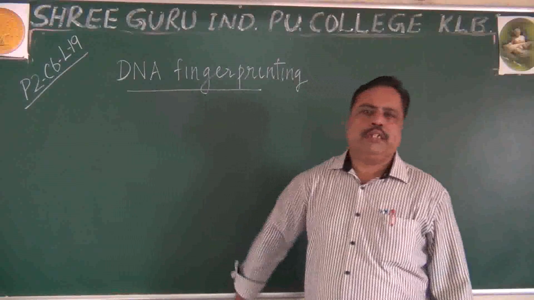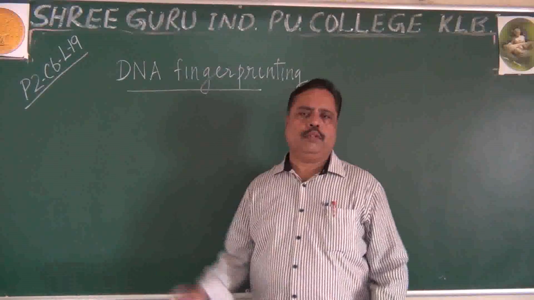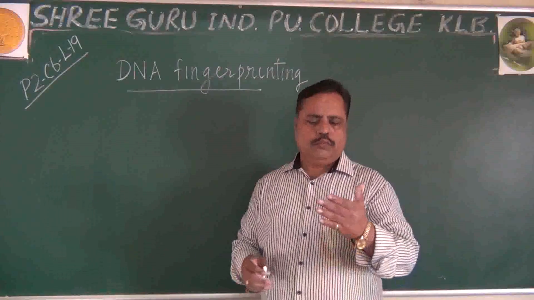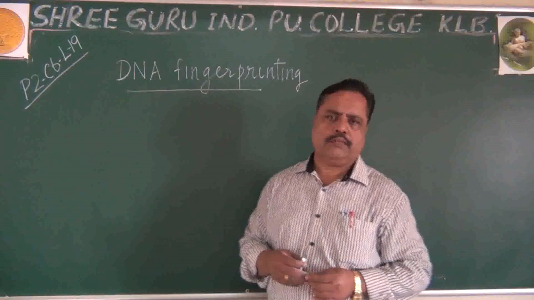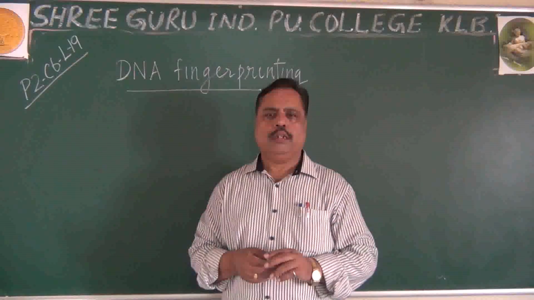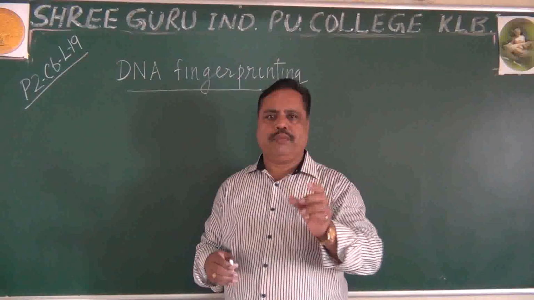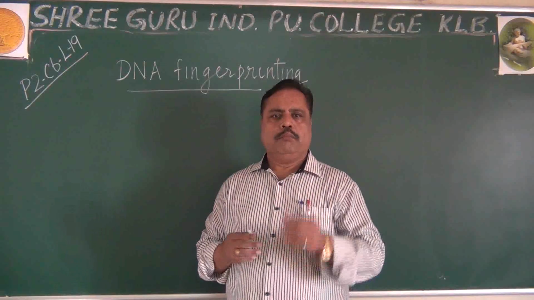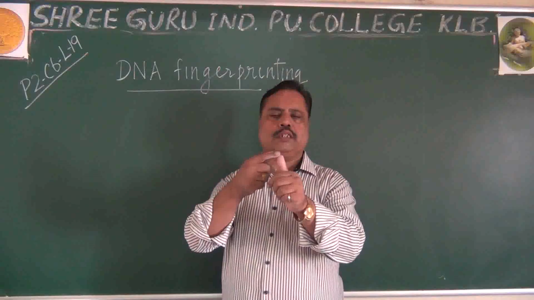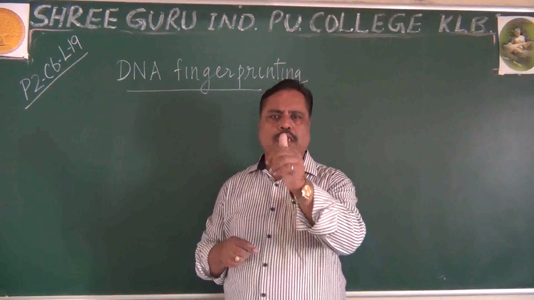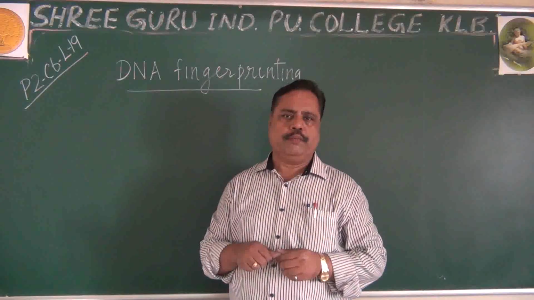Just from the name itself you can understand. You know, we are differing from each other, we exhibit variation. Even the children born to the same parents will have differences. Morphologically, those differences could be identified by our thumb impression, you may be knowing.